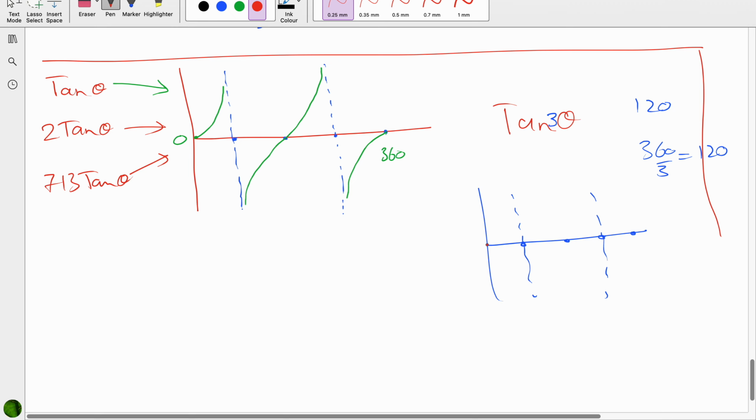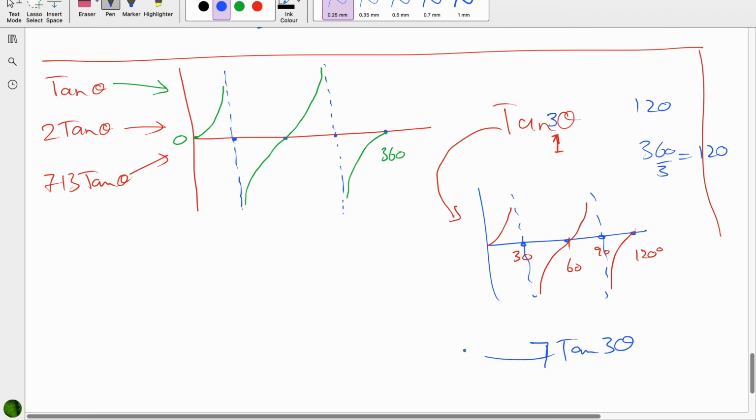We just draw the curves, and because we knew that it is 3 theta, it should end at 120. This is 120 degrees, and then use your calculator to mark equal divisions, and that's it. So this is true for tan 3 theta, or if you say that this is 7 tan 3 theta, that is again true, because in case of tan, amplitude does not matter.